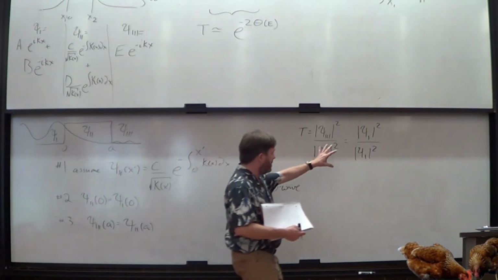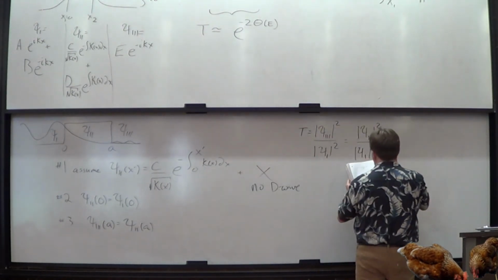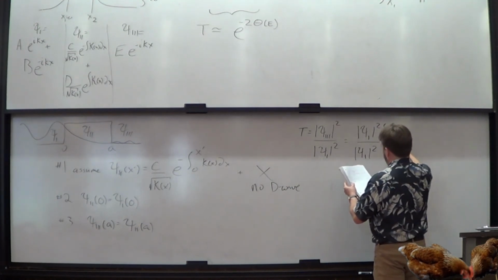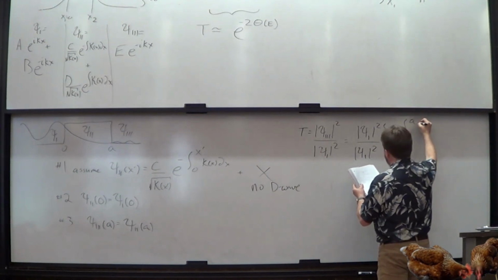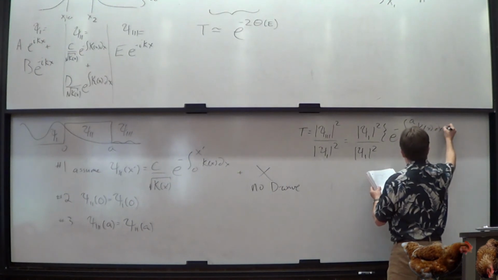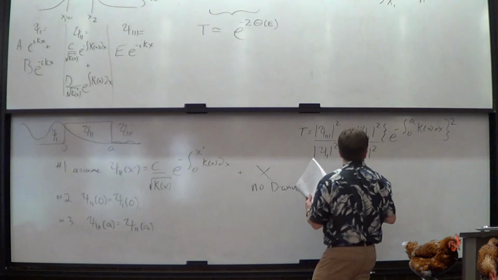So I'm writing what's up front. Now I have to do this integral, and I have to do the integral squared. So I'll put a little bracket. e to the minus integral from 0 to a of kappa x dx, squared.